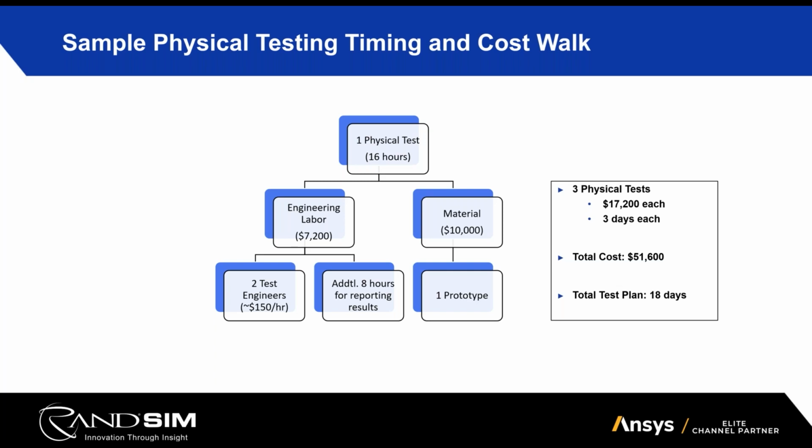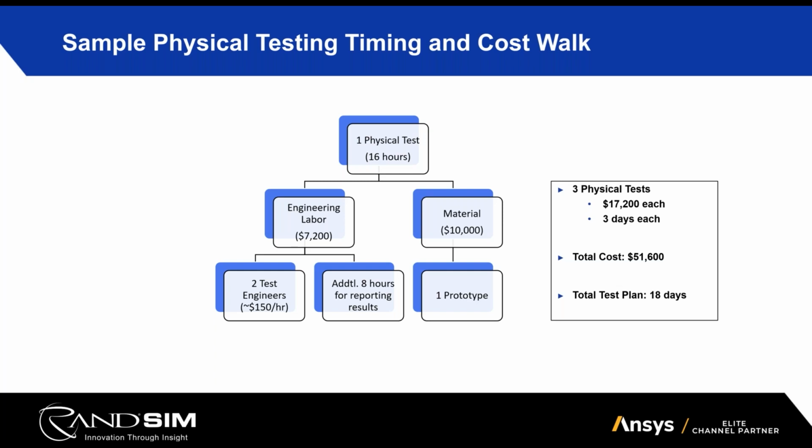In some cases, those can get very expensive, right? So it's important to take into account when we're doing this cost walk, all the different sources of costs, whether it's from salary, overhead, material costs, timing, all of those really feed into the total business case of how simulation can really help reduce the overall development costing of what we have here.